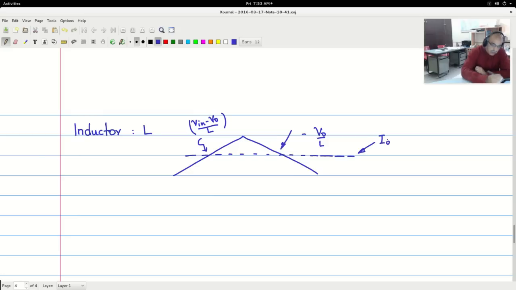So this we have seen just now, just before this, when we were studying the various waveforms. The inductor current goes by the Faraday's law. VL, the voltage across the inductor, is equal to L dIL by dt, and VL by L is the rate. So this is what we have here.